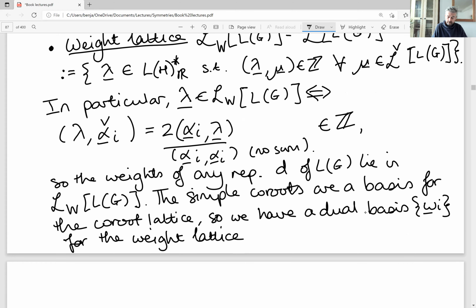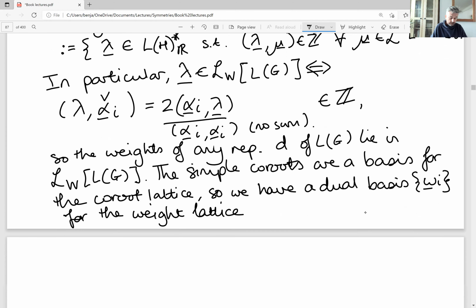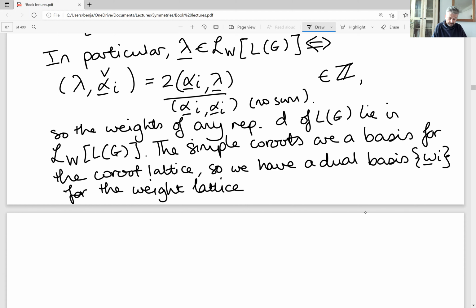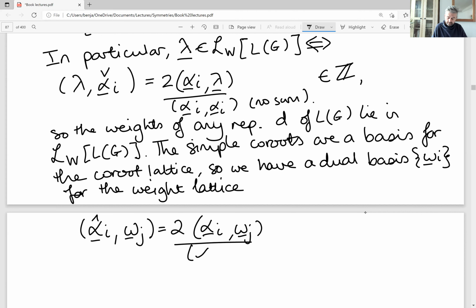Because this gives you an integer, these weights are just defined so that a co-root in a product with this weight is twice alpha_i w_j over alpha_i squared, no sum again, equal to delta_ij.